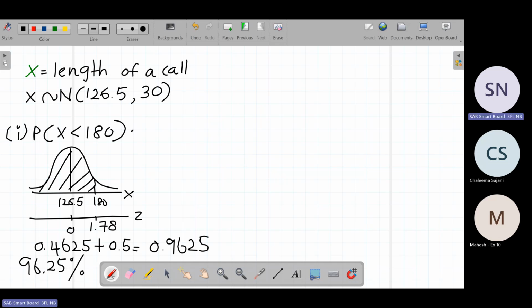Check the answer. 96.25%. The next question asks to find out the percentage value, then you take the final answer as the percentage value.